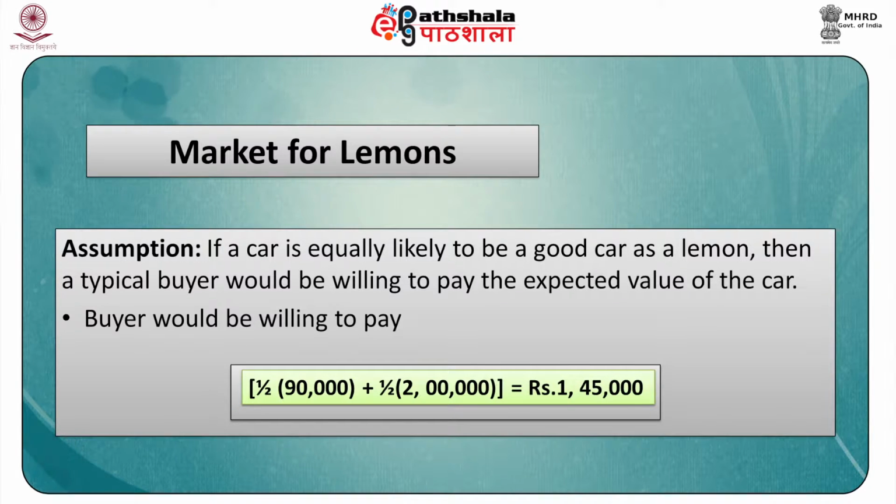For a price in this range, only owners of lemons would offer their cars for sale, and the buyers would therefore correctly expect to get a lemon. In this market, none of the good cars ever get sold, even though the price at which the buyers are willing to buy good cars exceeds the price at which sellers are willing to sell them.